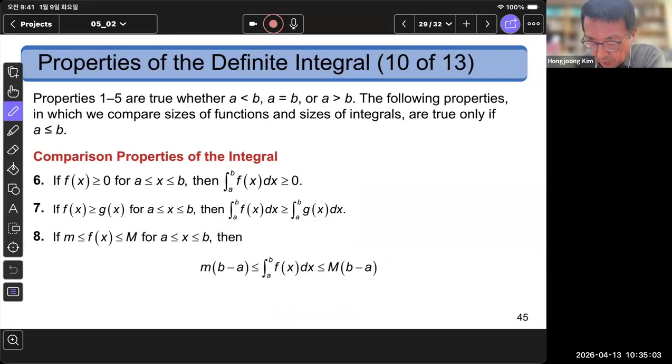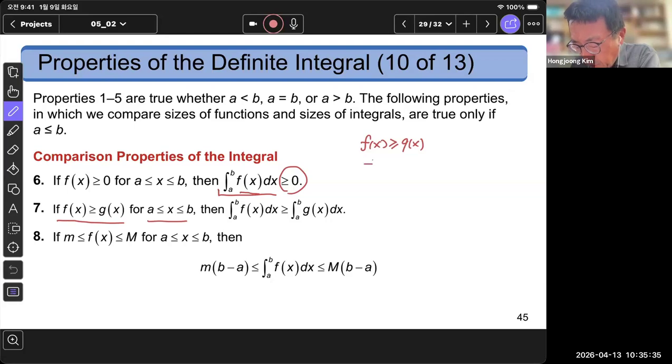And if f of x is non-negative, then this definite integral represents the area of a certain region, so the value must be non-negative, right? If f of x is greater than g of x on a certain interval, then f of x minus g of x will be non-negative.